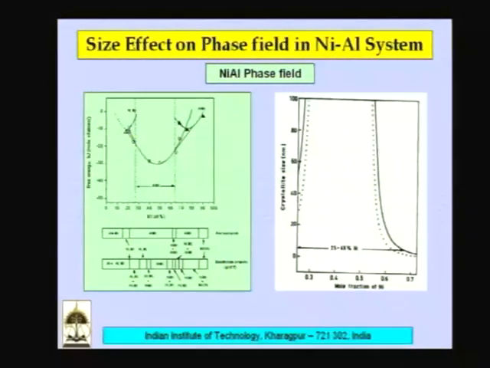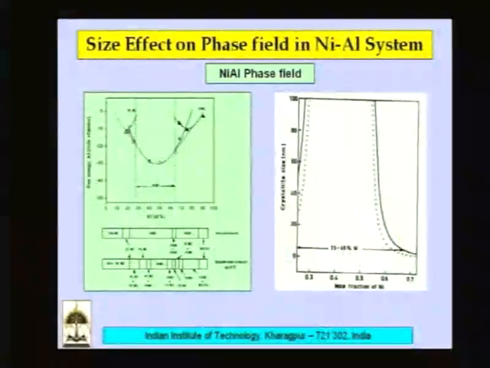One can also do a lot of thermodynamics to show that if you take it to a nanocrystalline state, one can have a wider composition range. For example, one can calculate the free energies of nanomaterials, particularly in the case of metallic materials. It is very easy to calculate the free energies.